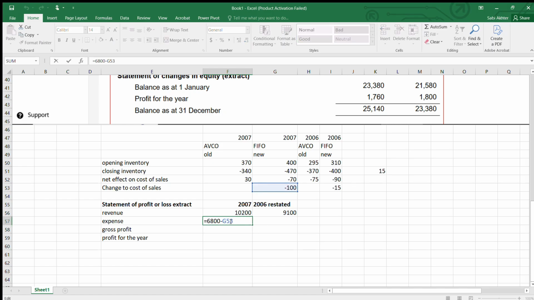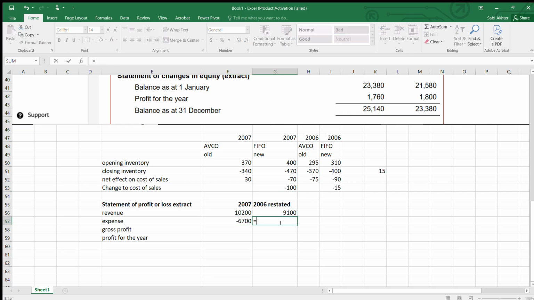Okay, it's an expense. And then you deduct this. So your expenses will go down, not up. From 6,800, it is now 6,700 because you have deducted 100.